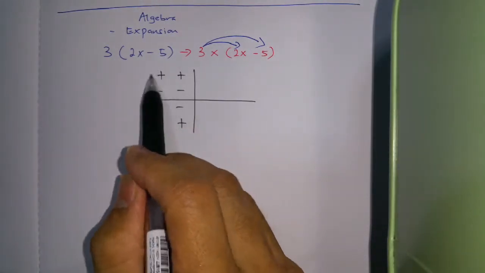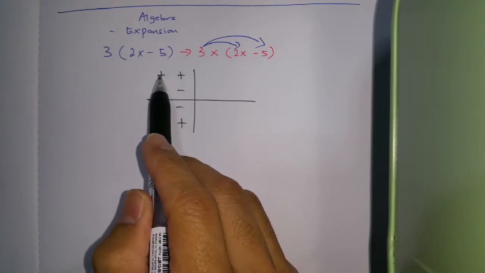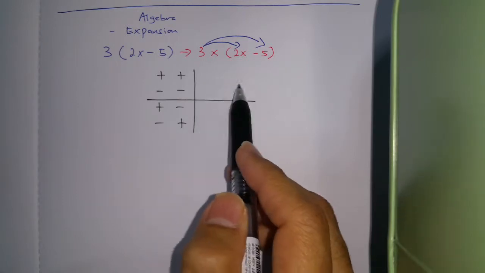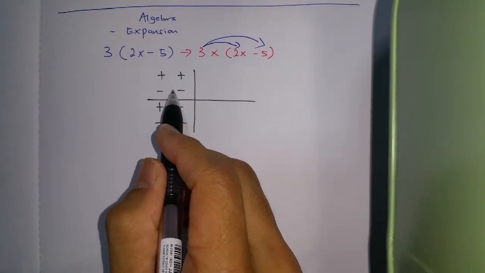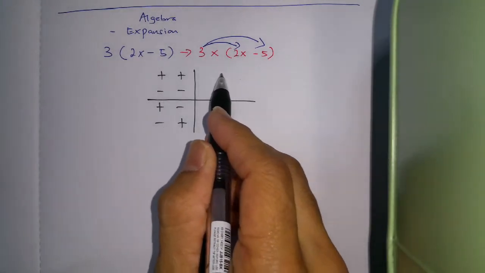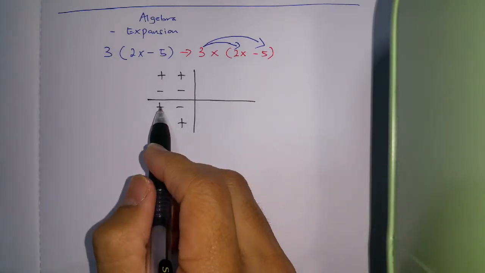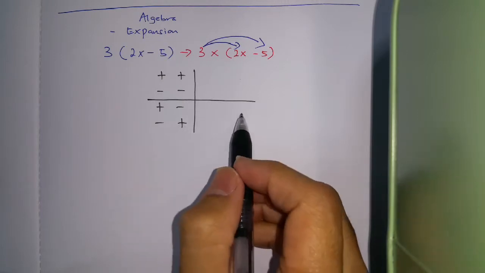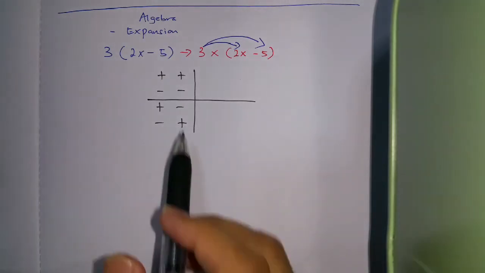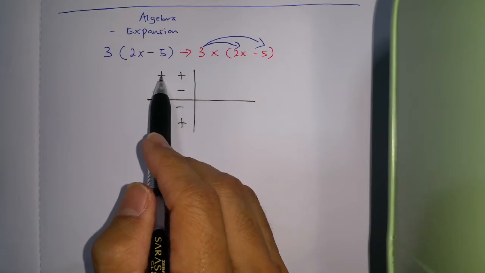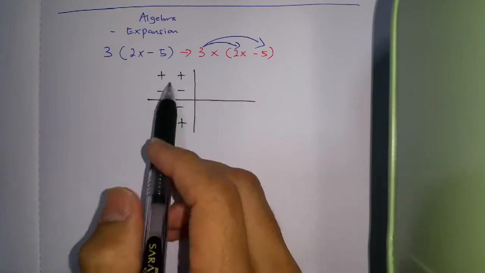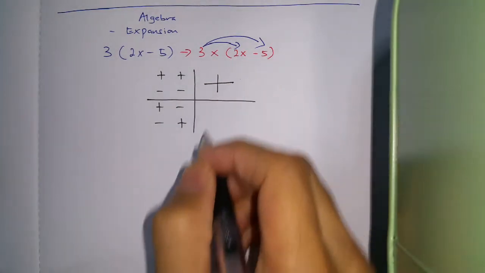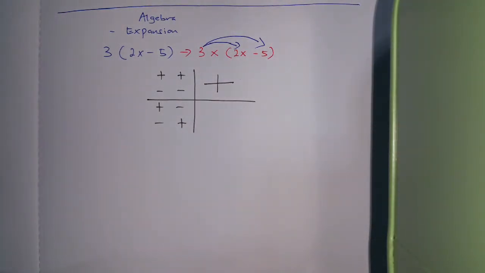This simply means when a positive is multiplied by a positive, you're going to get an outcome here. A negative multiplied by another negative, you're going to get another outcome. This one is plus multiplied by minus, and minus multiplied by plus. So whenever you see two same signs multiplying each other, plus times plus, minus times minus, you're going to get an eventual plus sign.